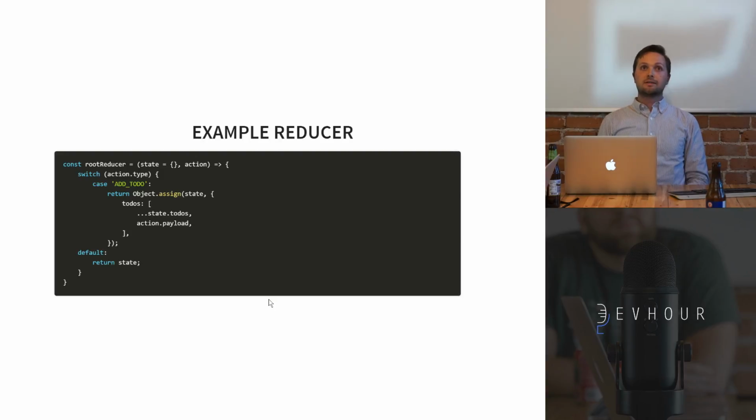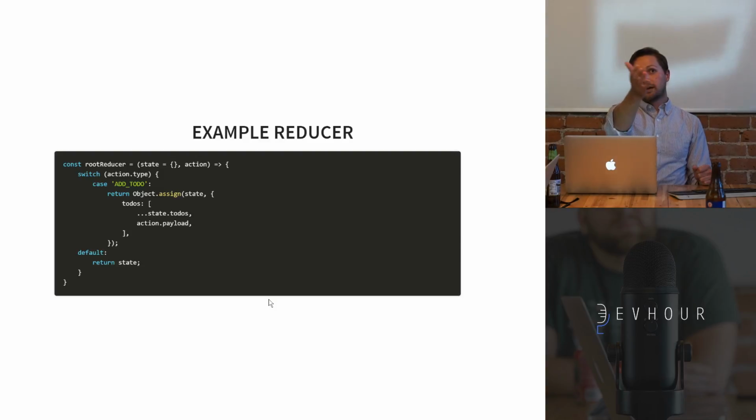And because they are pure functions, when we're given a state of A and an action of B, we can always depend upon it to return C. It's always going to be dependable in that sort of state. So when we encounter an add to-do action in this instance, we want to take the action payload, which we know is a new to-do, and we want to just push it on to the end of our current to-dos.